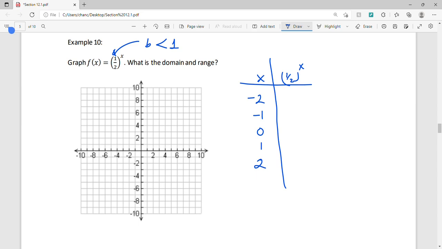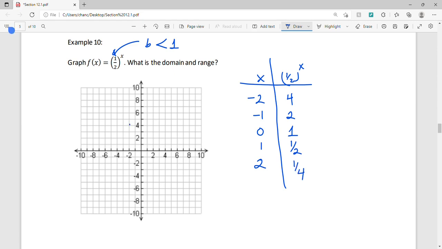And so you should get 1/2 raised to the negative 2 is equivalent to a positive 4. 1/2 raised to the negative 1 is equal to 2. 1/2 to the 0 is 1. 1/2 to the 1 is 1/2. And 1/2 squared is 1/4. Let's plot the values.